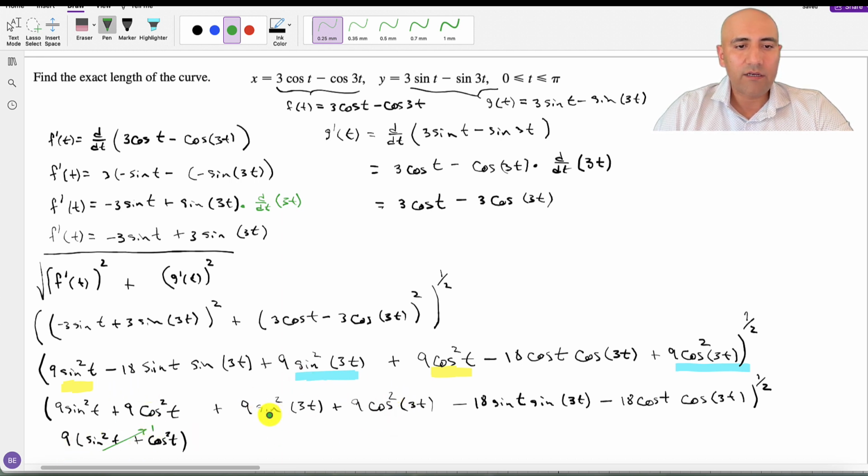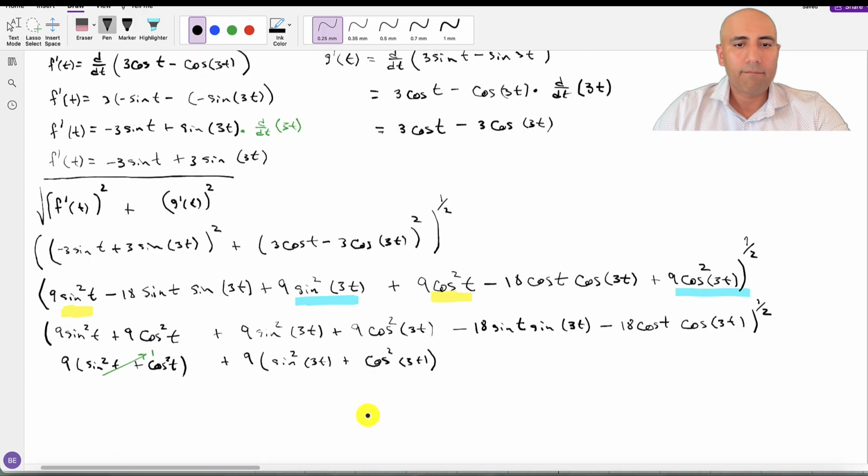And likewise here, when I factor out a 9, I get the same thing: 9 times sine squared of 3t plus cosine squared of 3t. That also becomes a 1, so this whole thing simplifies. So we end up with a 9 plus a 9.